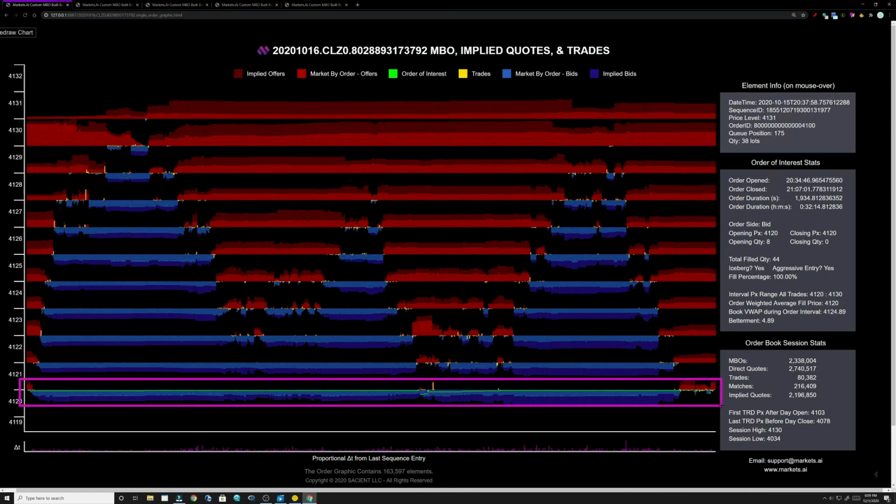What I don't like is that it took them a half an hour to get filled for 44 lots. And I wasn't a fan of the aggressive entry. The liquidity was so thin, you should maybe have seen it. But I will say this, it never went below 41.20 and they got completely filled.